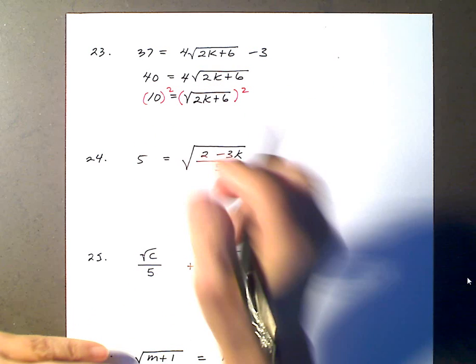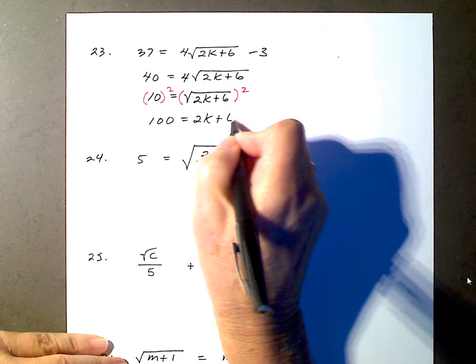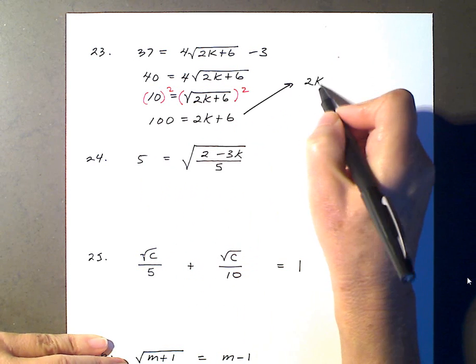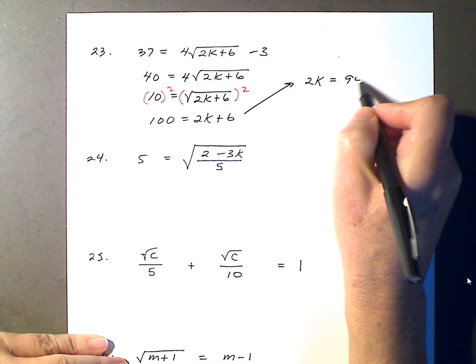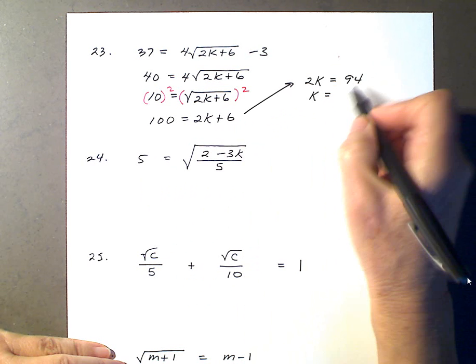So I get 100 equals 2k plus 6. So subtracting 6 from both sides, 2k then is equal to 94. So k is equal to 47.